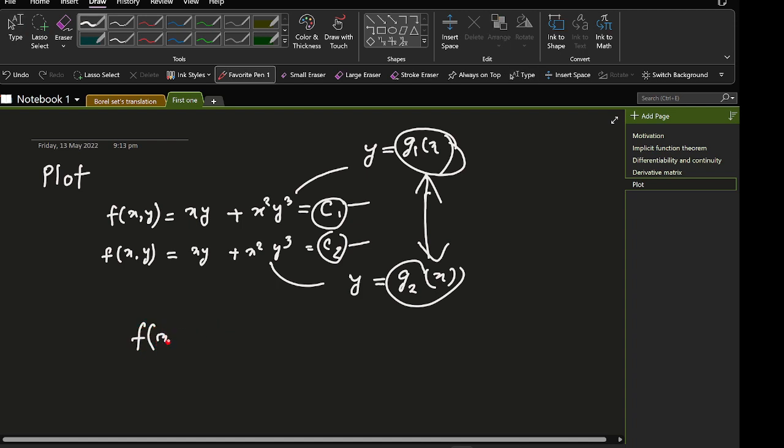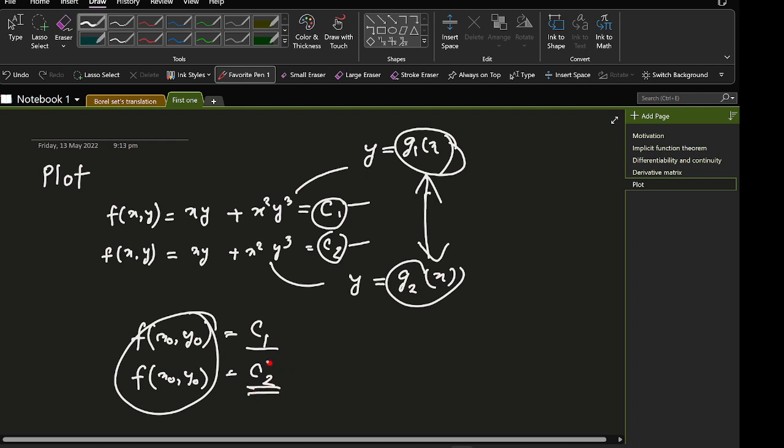Let's say we have a point x0 and y0 that satisfies the first equation, then that same point cannot possibly satisfy the second one, because if it does, then the same term will be equal to two different constants, which is not possible. So curves satisfying the first equation will never intersect the curves that satisfy the second one.